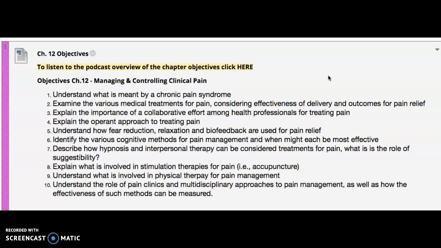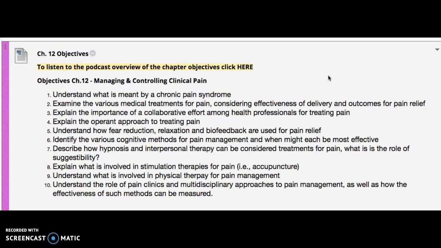And so we'll be taking a look at this in terms of what is most effective. And a lot of times it's a combination of cognitive and also operant approaches, as well as meds, as well as other behavioral approaches like relaxation or biofeedback.